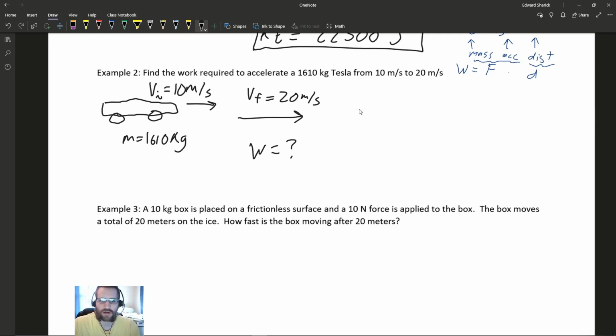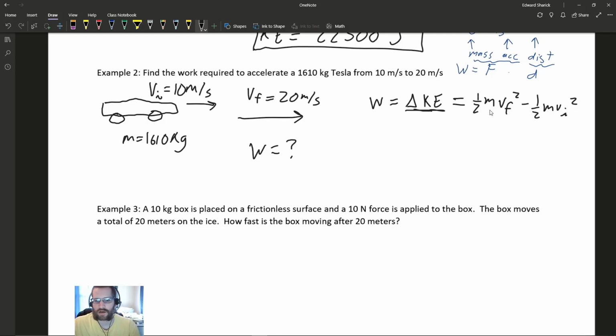So here we can use our kinetic energy theorem to solve this. It might not be obvious right away to use this equation, but if you remember, what does this change in kinetic energy mean? Well, it means final minus initial kinetic energy, which means 1/2 m v final squared minus 1/2 m v initial squared.